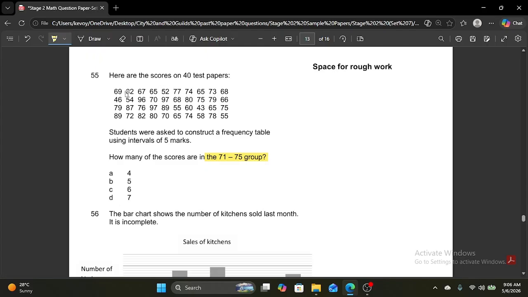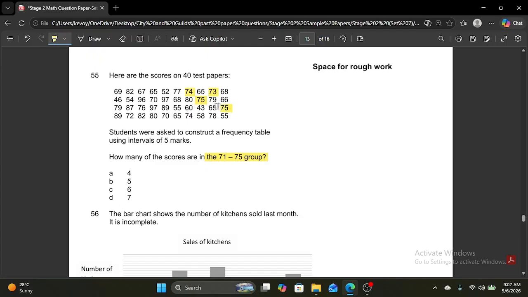So let's count them. In the first row right here, we have 74. So that's one. We have 73, sorry, 72, 73. So that's two. Then we have, let's see, we have 75. So that's another one. That's three. And then below right here, we have 75 again.